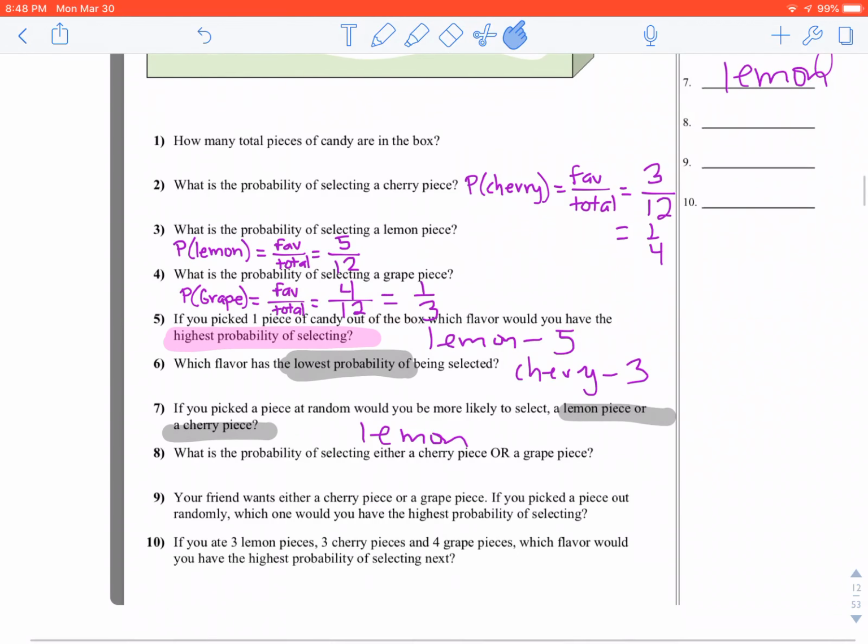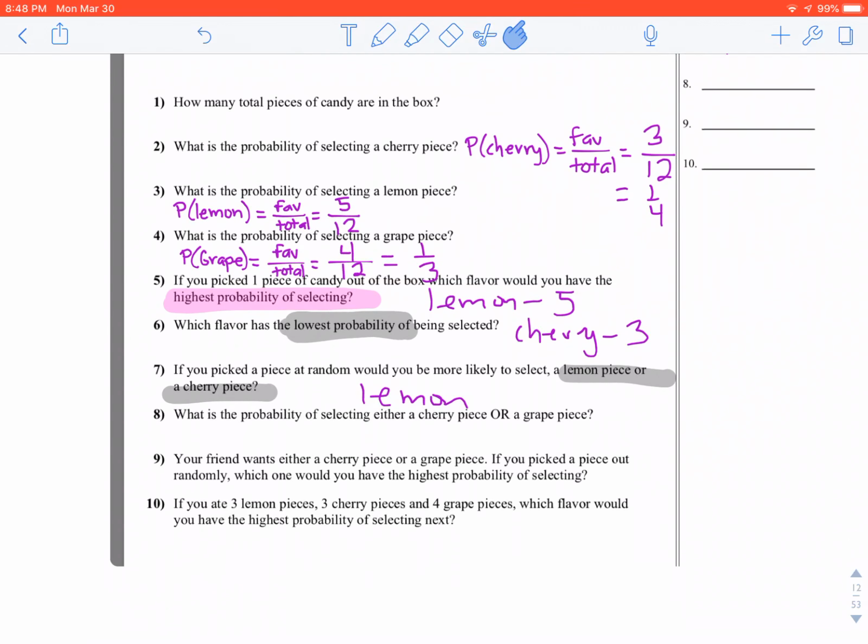Okay, number 8. What is the probability of selecting either a cherry piece or a grape piece? Here's our keyword: or. Remember from our previous notes and homework that or means add.